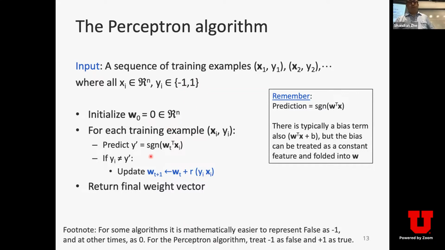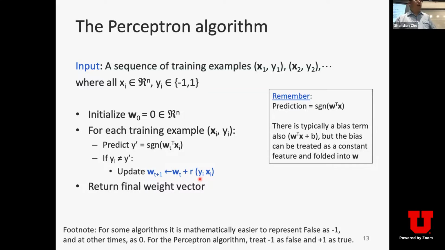However, if yi is 0 or 1, how should we modify this algorithm accordingly? Any thought? So if you look at the whole algorithm, the updating rule is as follows: we add to W_t r times yi xi, right?